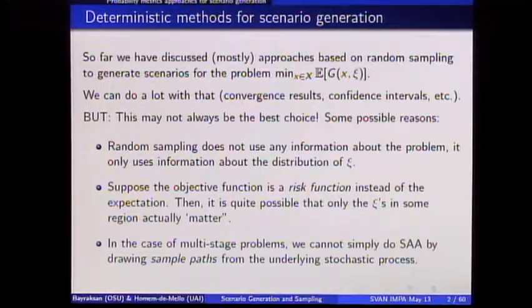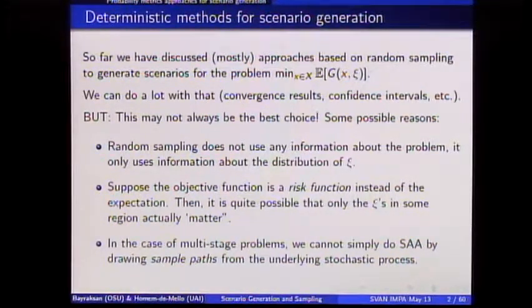And another thing, which we're going to see a bit later, is that it turns out you cannot just do SAA in the case of multi-stage problems, and we're going to talk about why this can be a problem. A multi-stage problem has its own characteristics, although in an abstract way it's still the same problem.